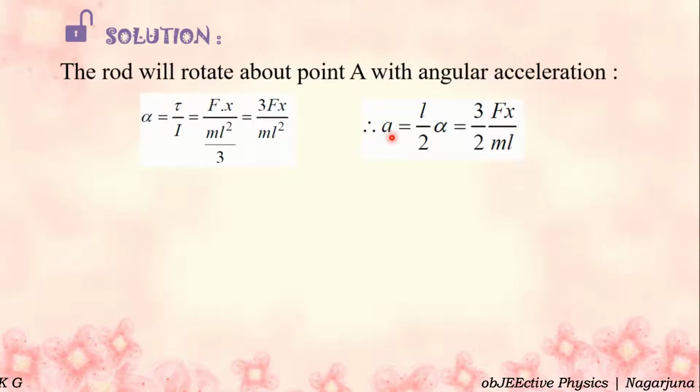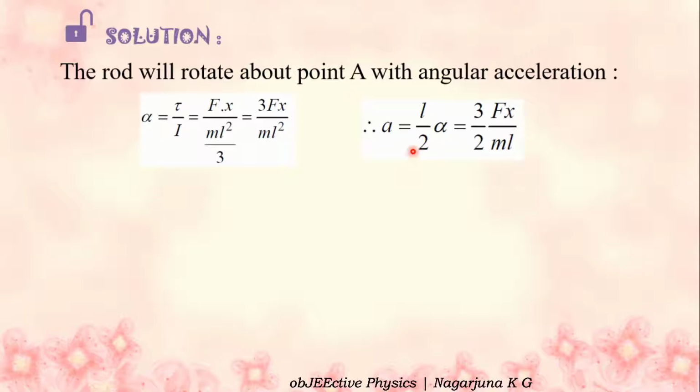Therefore, a is the translational or linear acceleration. Linear acceleration is equal to the distance from the axis of rotation to the center of mass into angular acceleration. Total length of the rod is L. Distance of the center of mass from the axis is L by 2. So, this is the relation between linear acceleration and angular acceleration.